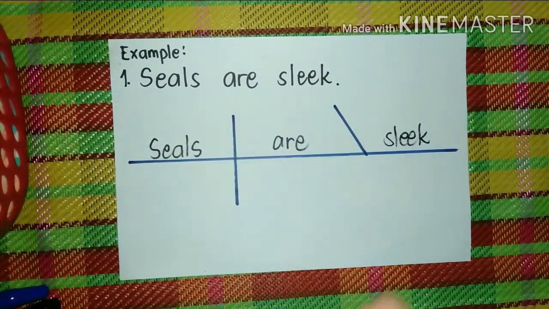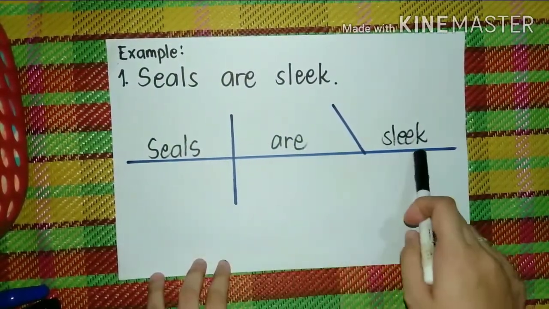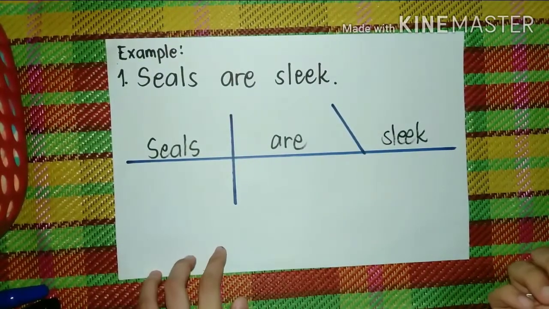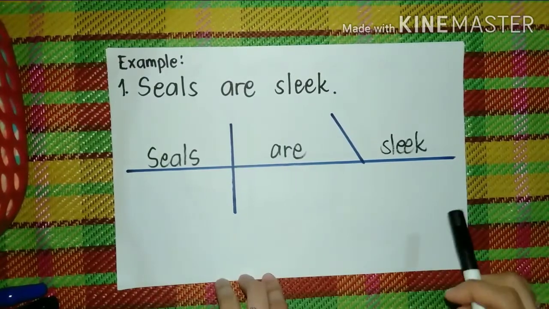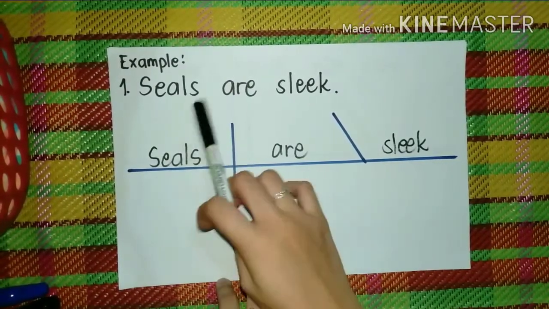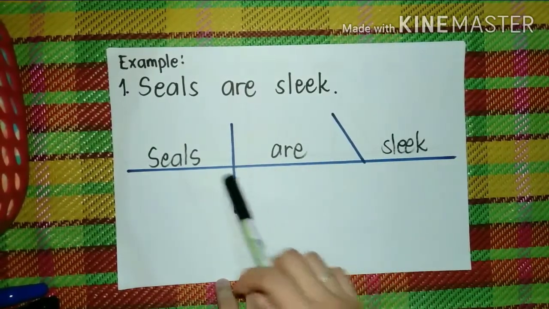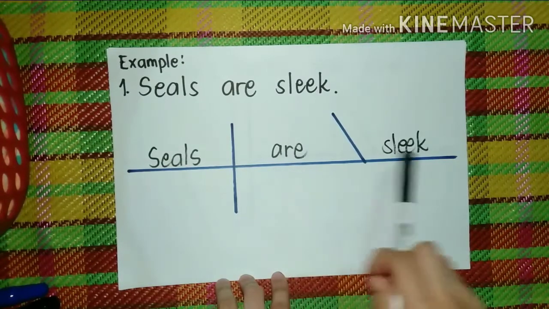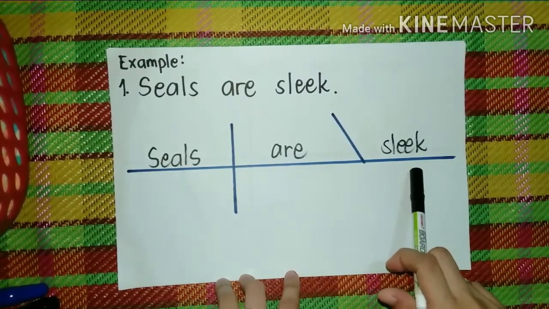And that would be the order of the adjectives as subject complements. So again, as a recall, in example number 1, Seals are sleek, the order became seals here, are as the being verb, and sleek as the subject complement.